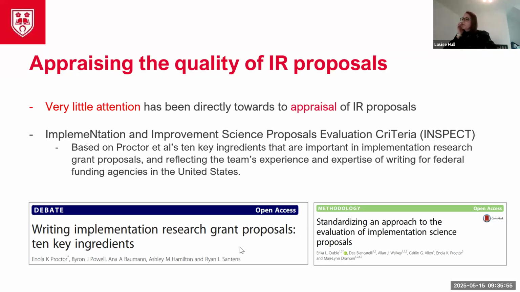And I think it was in 2018, Erica Crable published the InSPECT criteria, which, as Rachel mentioned, is based on Proctor's 10 key ingredients to implementation research. And it was based on the team's experience and expertise of writing for funding, specifically within the United States. So it calls into question whether or not the criteria are applicable outside of US funding agencies.